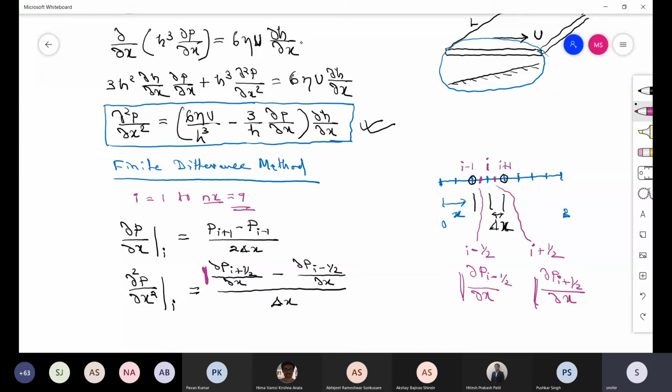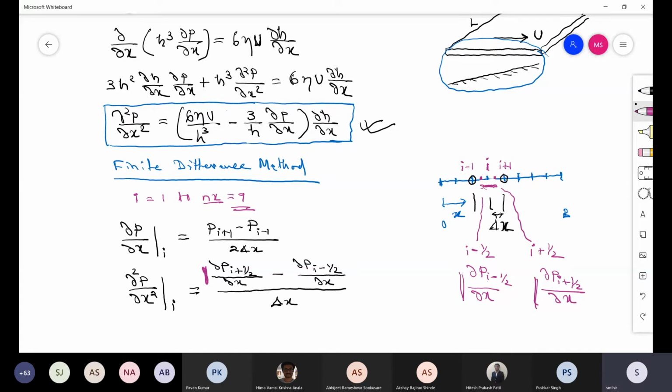These are 2 points, so I am dividing that by delta x because the separation from here to here is delta x. Okay.